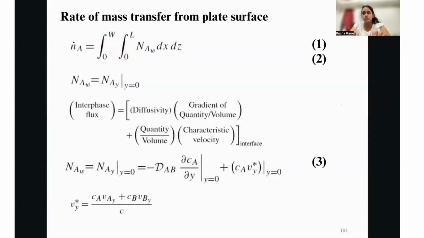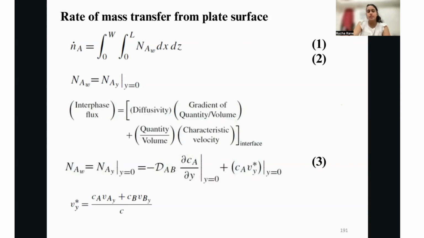Now we'll see what the no slip boundary condition is. Basically, when there is a solid and fluid interface, we consider that the relative velocity of the fluid and the solid is the same, so the overall velocity turns out to be 0. But in this case, in solid and liquid there are multiple components involved.